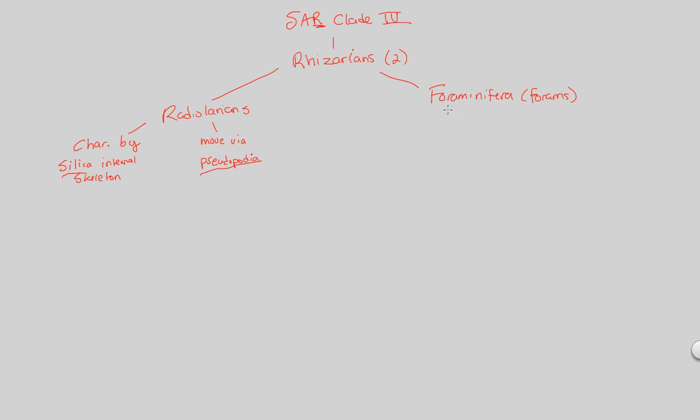These are very interesting because they actually have things called tests. Tests are simply porous shells, much like the shells that you see on most shelled organisms like crabs. These porous shells are shells that have holes within them.